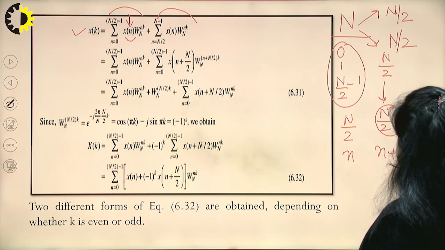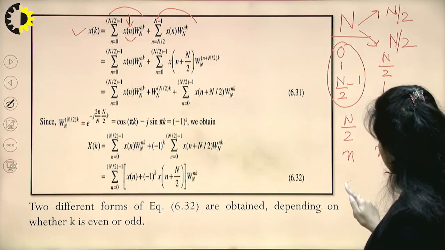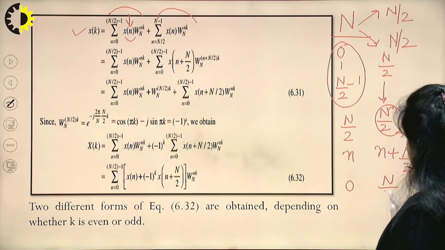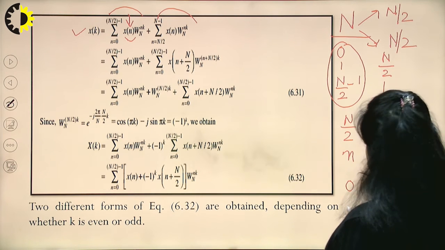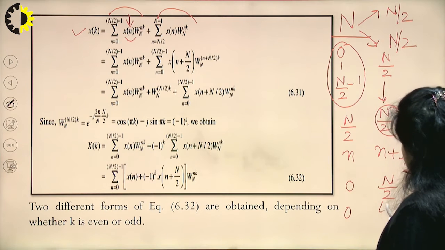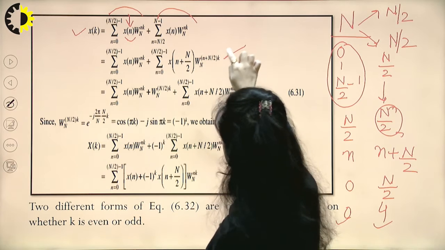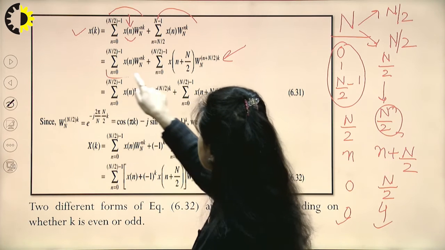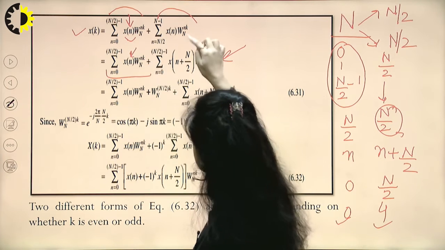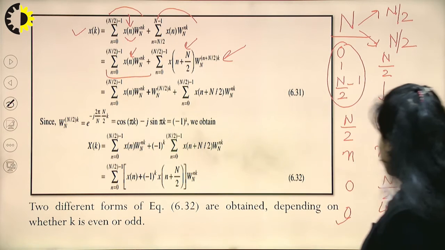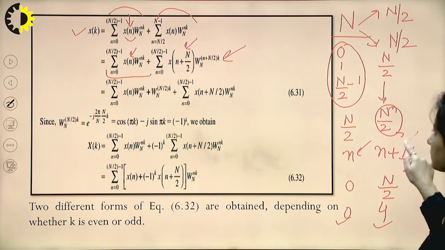That means if I take the first sample, n equal to 0, the first sample in the second sequence would be N by 2. So if I talk about N equal to 8, that is the first and fifth sample. This is what we are showing over here. The first sequence is represented by n and the second sequence samples are represented by n plus N by 2, the way we have shown over here.